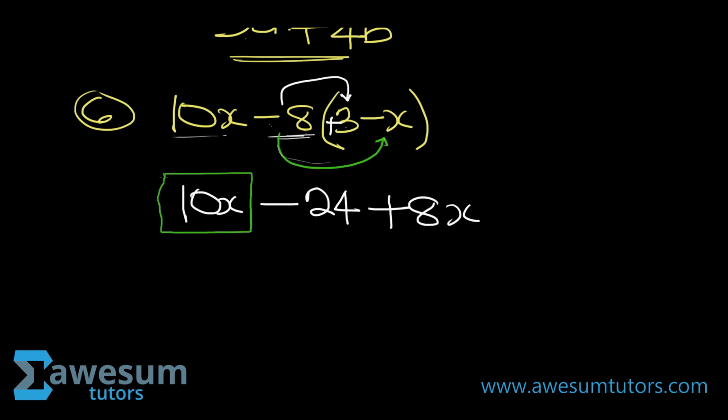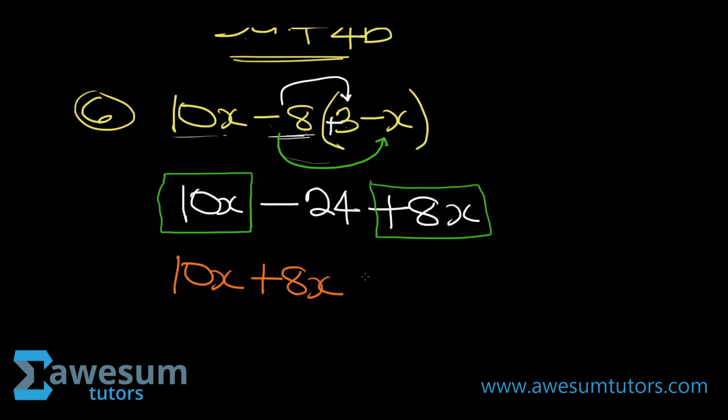This is 10x and this is positive 8x. Those are like terms. So what do you need to do? You bring them together. I'm going to have 10x plus 8x.